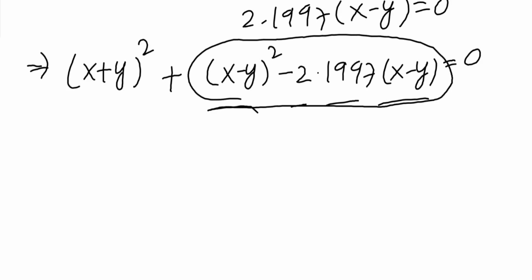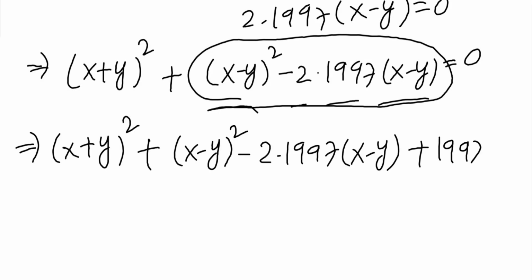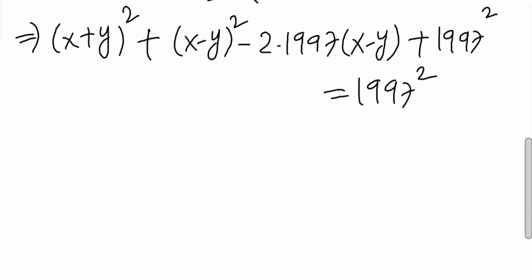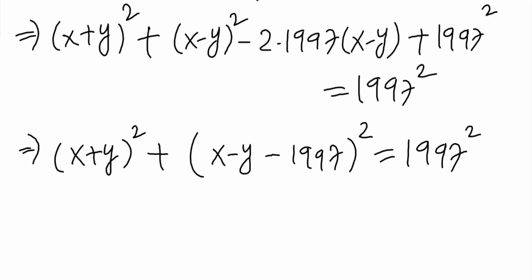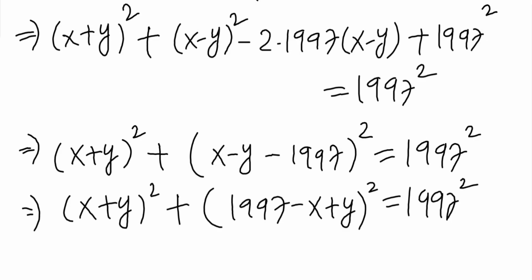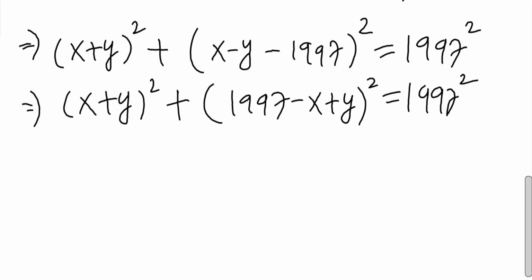So let's add 1997 whole square, 1997, and then just simplify, and quickly we get, or a bit of simplification gives us this. So finally this is our final result, and I hope you can see this.